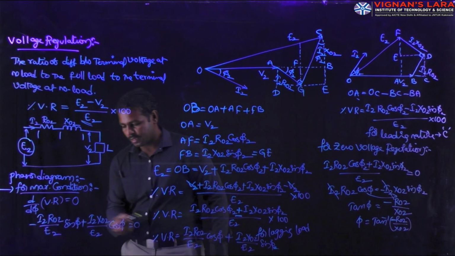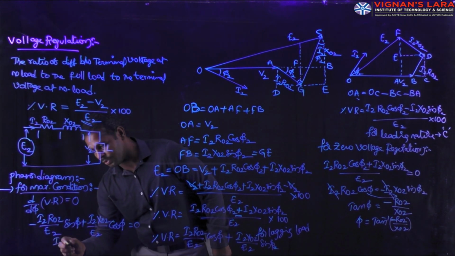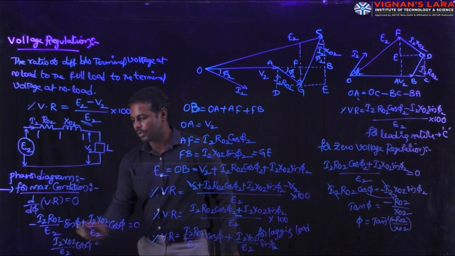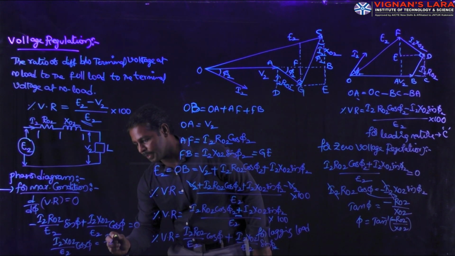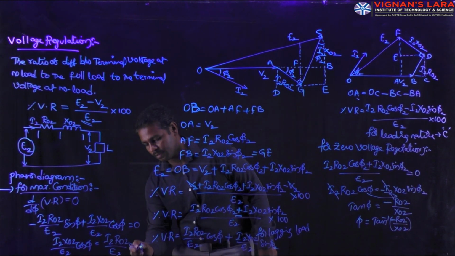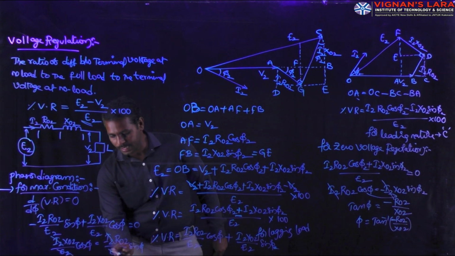So the negative sign comes to the right side: I2 into X02 by E2 into cos phi is equal to I2 into R02 divided by E2 into sin phi. I2 gets cancelled, E2 gets cancelled.